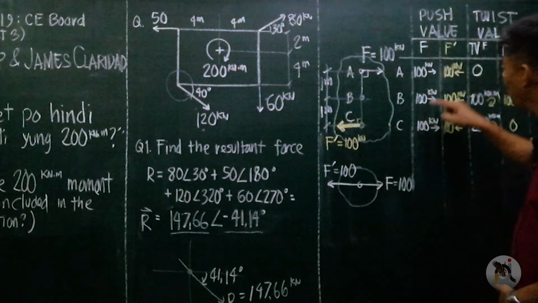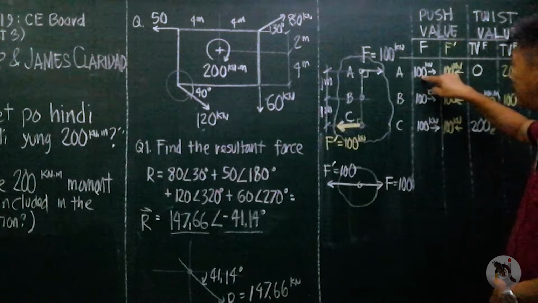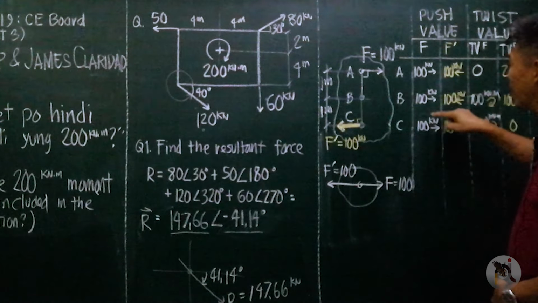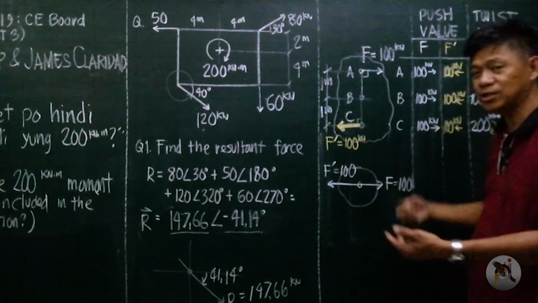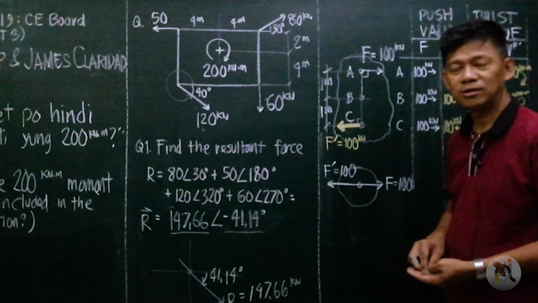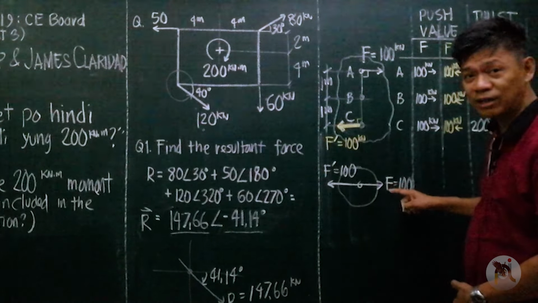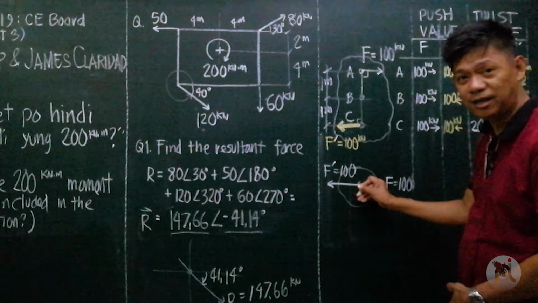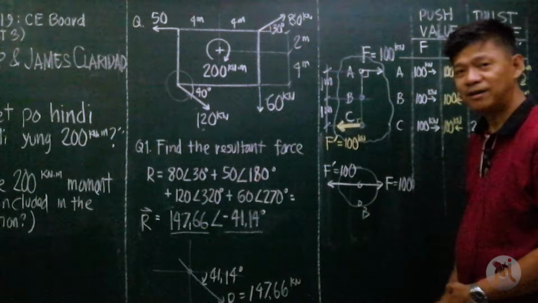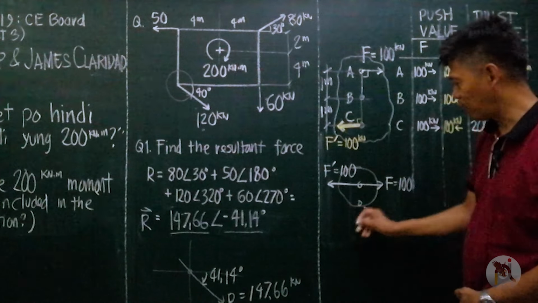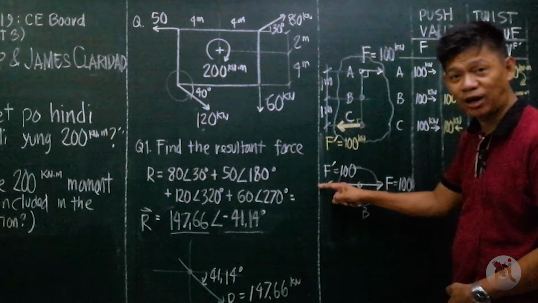Right? So if they are both at point A, that would be 100 minus 100, the resultant is 0. You get it? You follow? And the twist value of this at A is 0. The twist value of them at B, clockwise, counterclockwise, will be 100 clockwise, 100 counterclockwise.